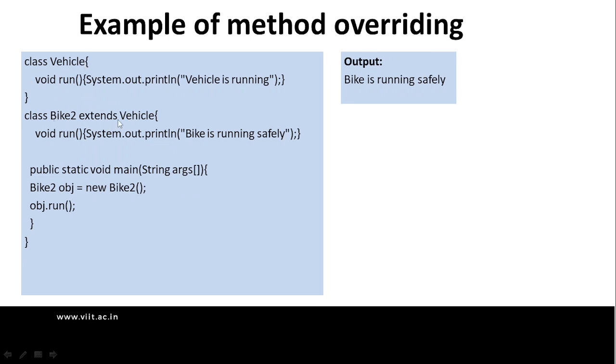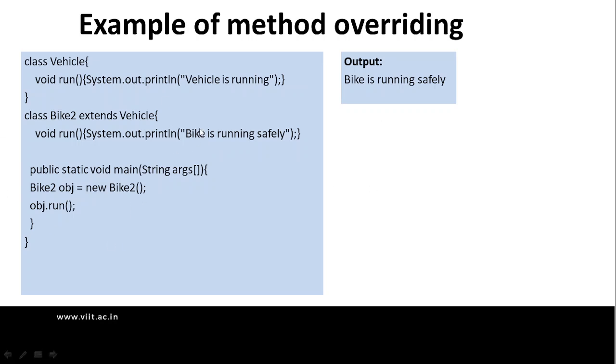Then class Bike2 extends Vehicle, with one more run, System.out.println bike is running safely, and Bike2 object equal to new Bike2, object.run. So in this case, bike is running safely by overriding.